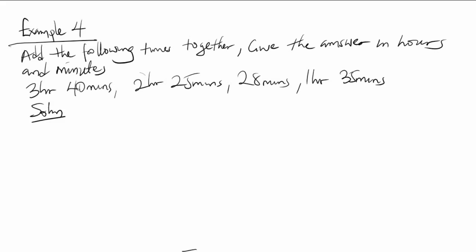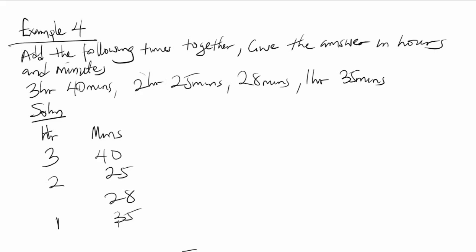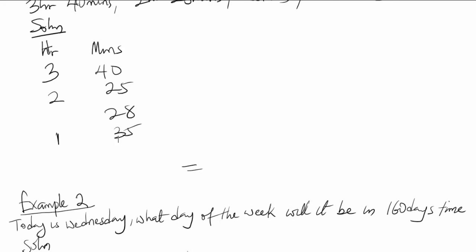Just like we did in the very first example, we are going to create columns for hours and for minutes. The first entry is 3 hours 40 minutes, then 2 hours 25 minutes, 28 minutes, and 1 hour 35 minutes. We have to add all these together.